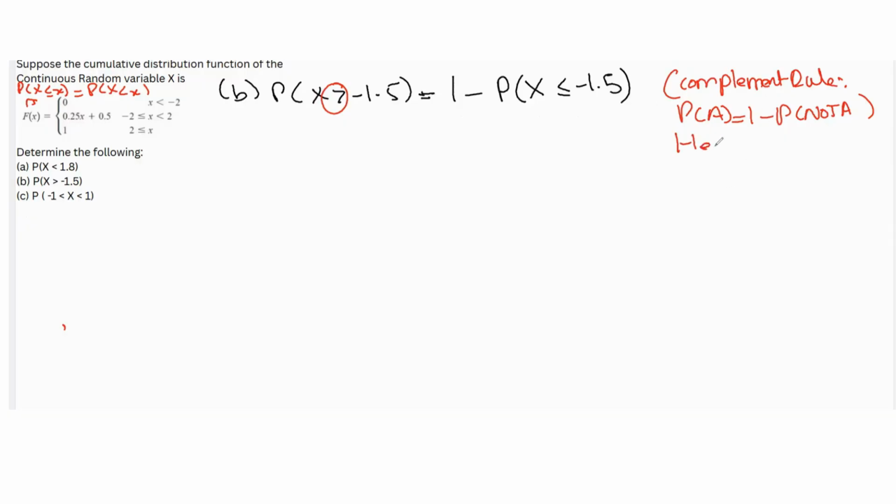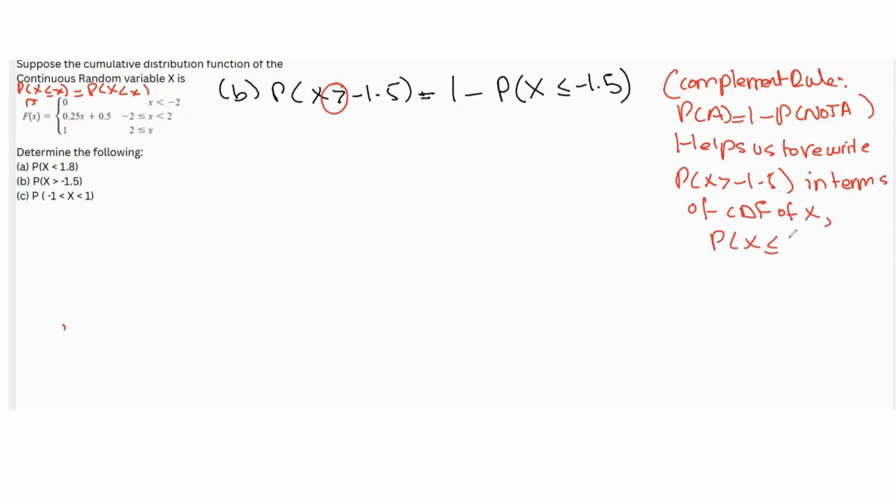So what the complement rule does is help us rewrite the probability x is greater than minus 1.5 in terms of the CDF of x. Now we can apply the definition of the CDF because it's in the form of the CDF, which is F(-1.5).